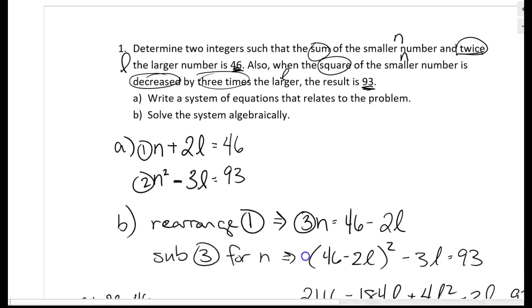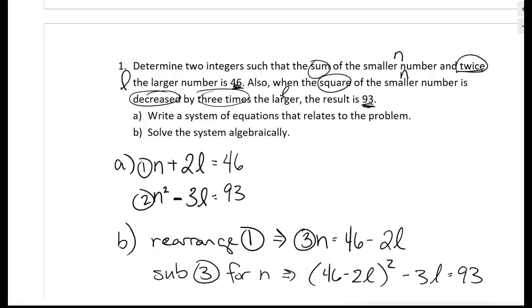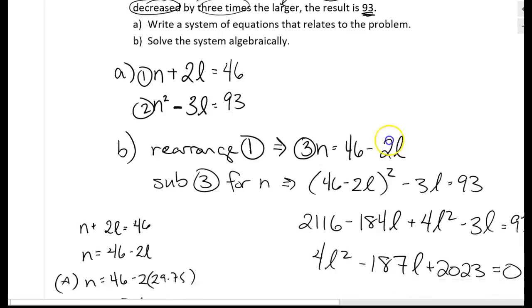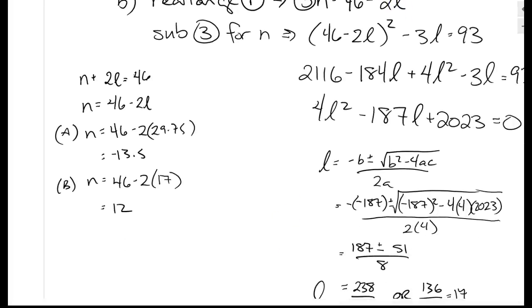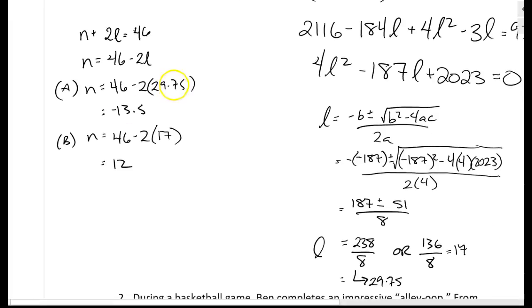So both of those numbers are completely legitimate. Now I go back to my question just to check to make sure that this makes sense. Determine two integers. Integers can be positive or negative, which means that all of these values are true. n is always less than l, which matches my original description of n being my smaller number.